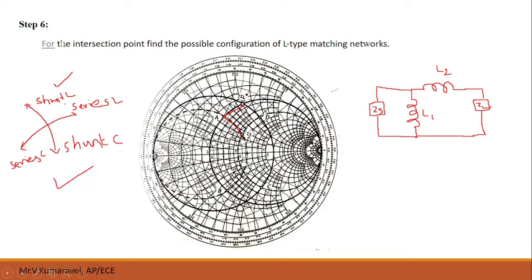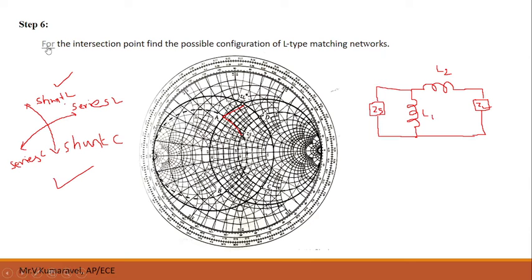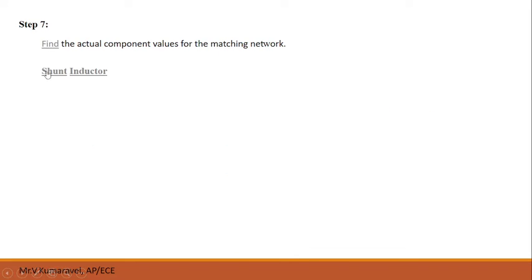Now let us proceed. The last step is to find the actual component values for the matching network. The first component is the shunt inductor, so we need to find it. To find the shunt inductor, L1 equals minus Z0, the characteristic impedance, divided by j omega XL1.